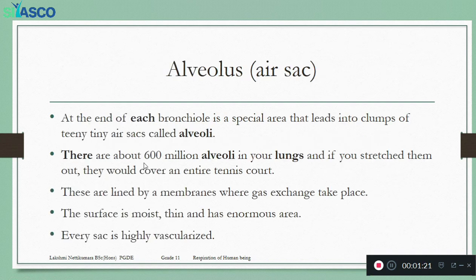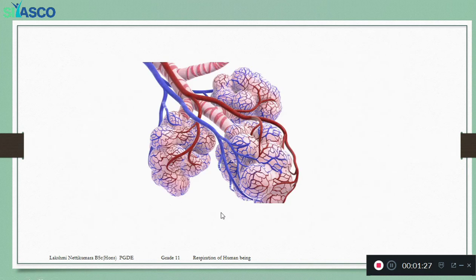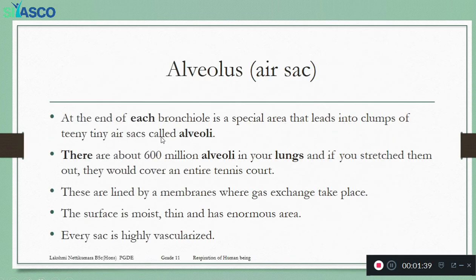Let's see what is alveolus or the air sac. At the very beginning I put this diagram for your kind consideration. What are these? These are the alveoli or the air sacs. Let's see what are these alveolus.